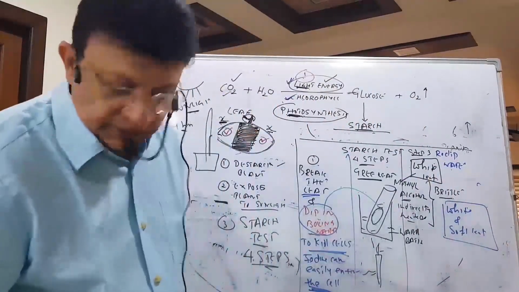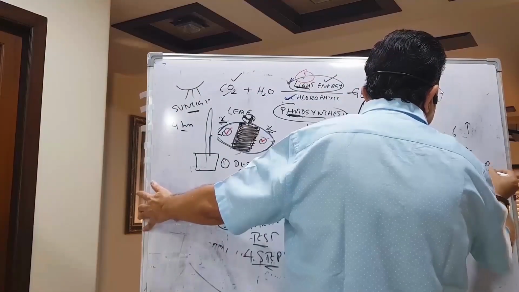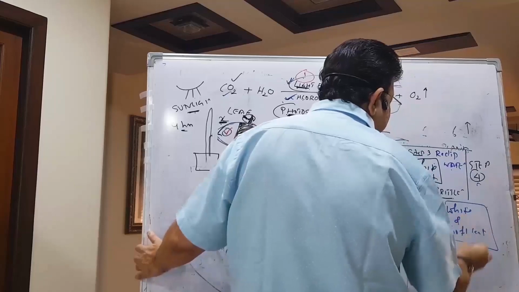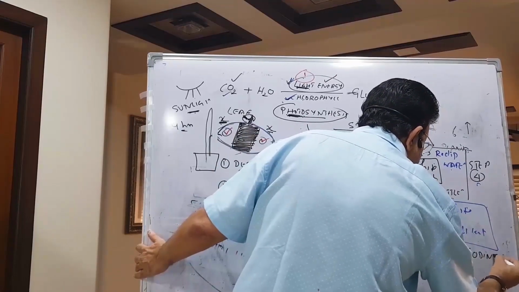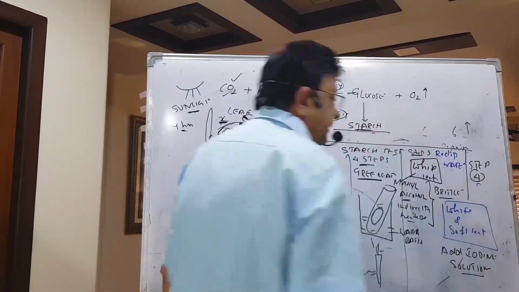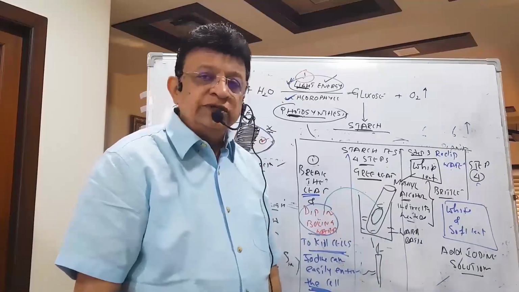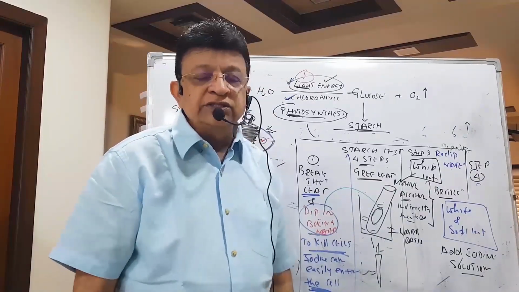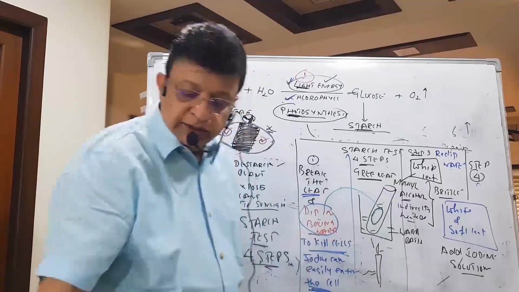And in the end, that is step 4 now. So now step 4. Now it is very easy. To this white leaf, what do I add now? Iodine solution. And obviously what will I get? Those areas containing starch will turn blue-black. And those areas which do not contain starch on the leaf or in the cells of the leaf will turn brown.